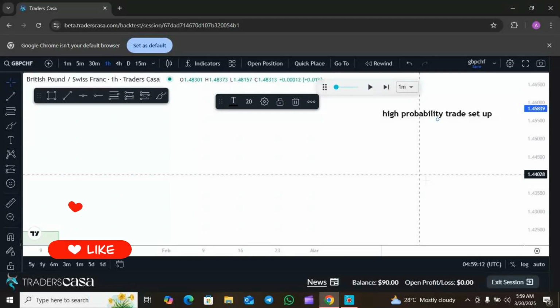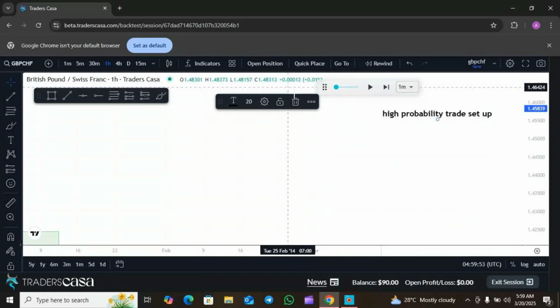Once price comes to your POI, you are very sure that trade will go to your intended direction. So let's use an example here.